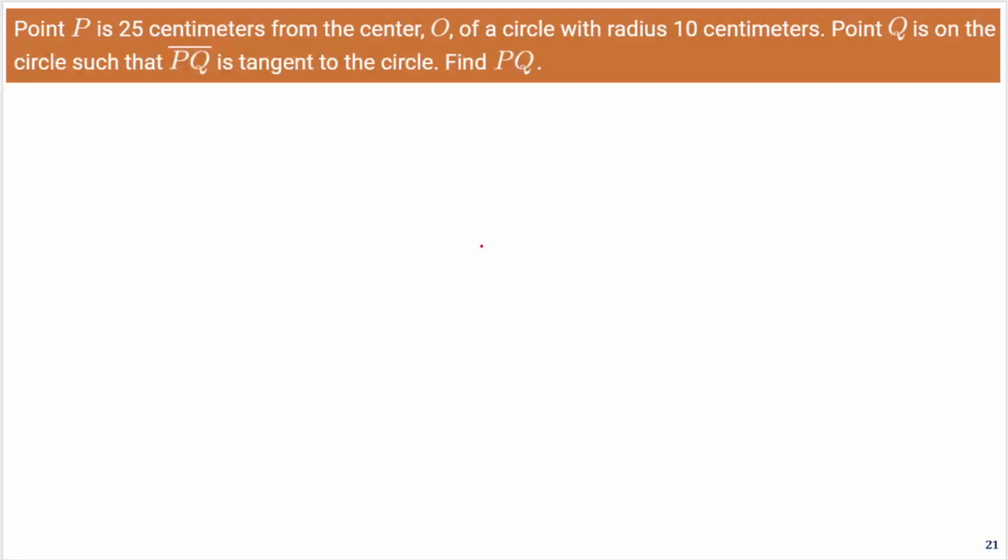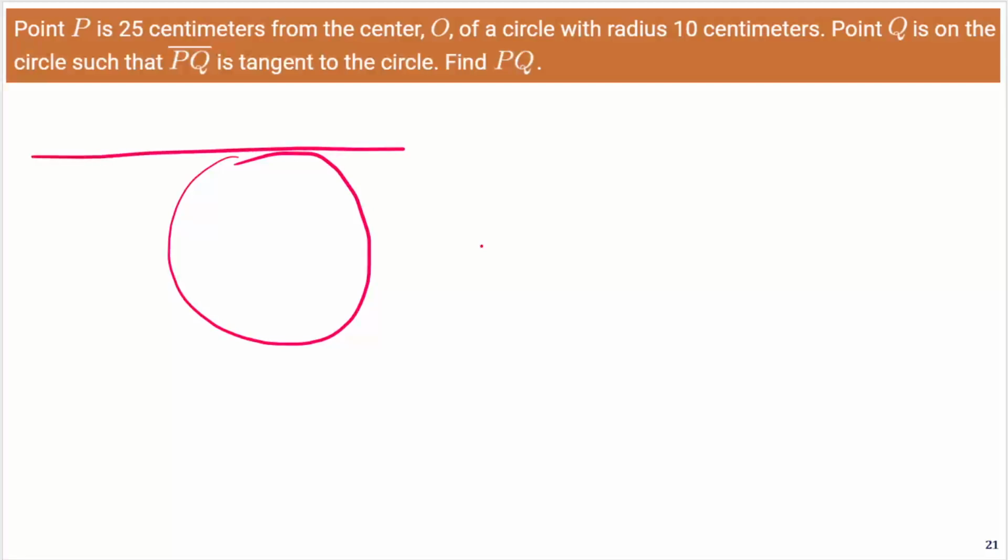Point Q is on the circle such that PQ is a tangent to that circle. Okay, let's draw the diagram. And you have a circle and a tangent line, right? So this is point O, which is the center of that circle, a point P, and another point Q. So we need to find the length of PQ, right?